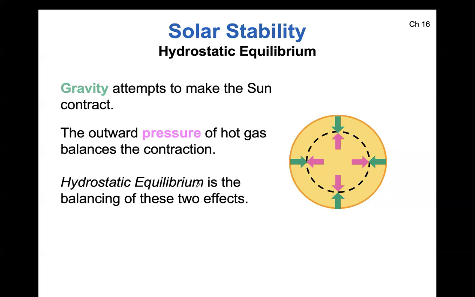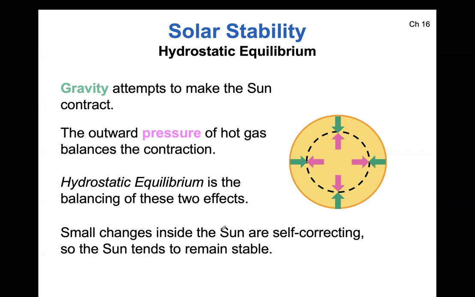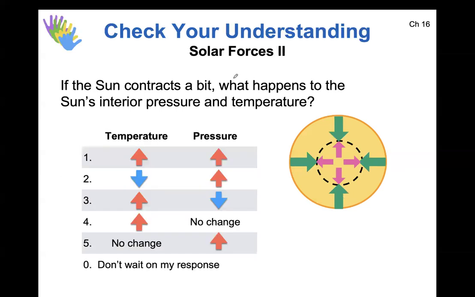It's the balancing of these two effects. So small changes inside the sun are self-correcting. This is often described as the solar thermostat, a stable equilibrium, the type of equilibrium where if you make perturbations away from it, then the forces that pop up will restore the original state.